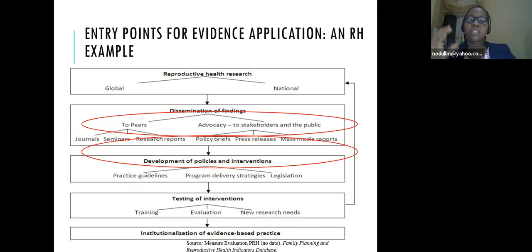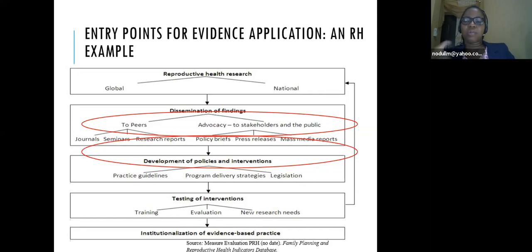Then we have dissemination of findings. It could be to peers via journal articles, seminars, research reports, symposia, and then dissemination could be advocacy to stakeholders, to the public, maybe using the media, and we can have policy briefs, press releases, and mass media reports.